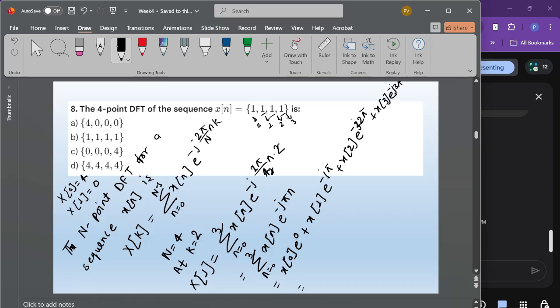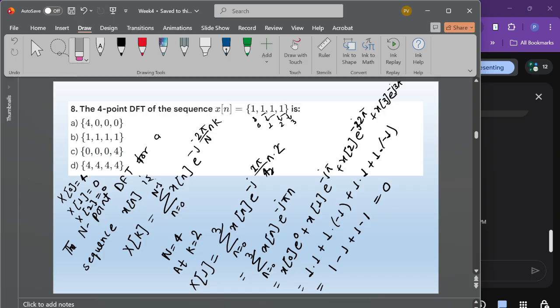Then you will again get e to the power 0 is 1, e to the power minus j pi you will get minus 1 plus 1, e to the power minus j 2 pi you will get 1 only, and 1, and it is also minus 1. So here all values again will be cancelled out, you will get 0. Okay. So X of 2 is also 0.